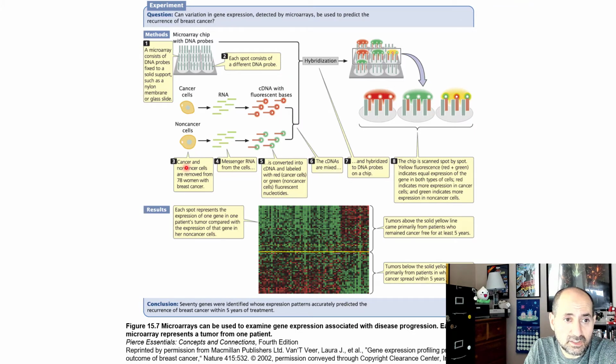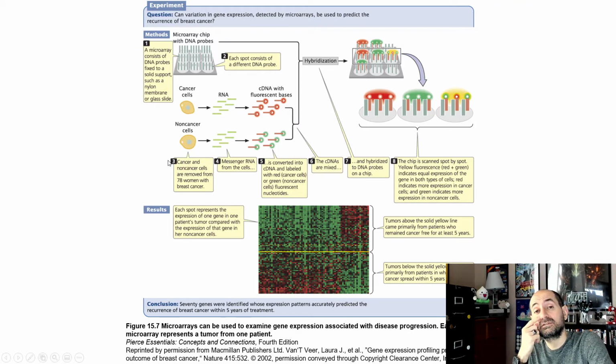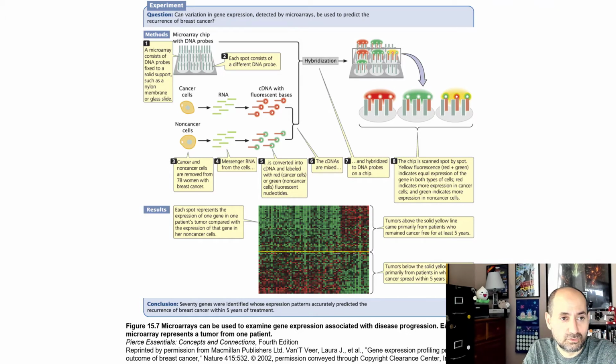Now, let's say you want to figure out the difference between a cancer cell and a normal cell. You want to know what genes are maybe upregulated in the cancer cell, and what genes are downregulated in the cancer cell. This array will answer that question. Isn't that fascinating? So you'll take cancer cells, break them open, get their mRNA out, and reverse transcribe it.